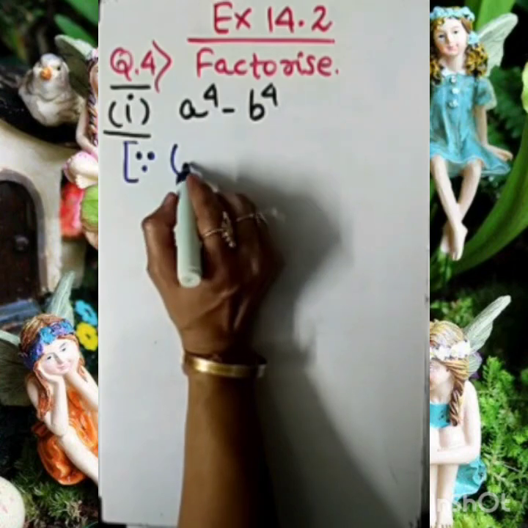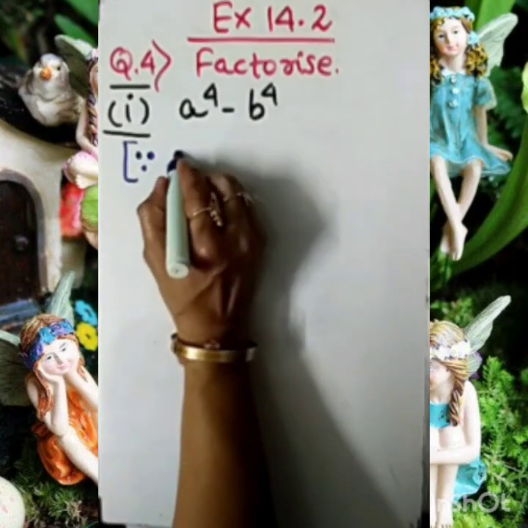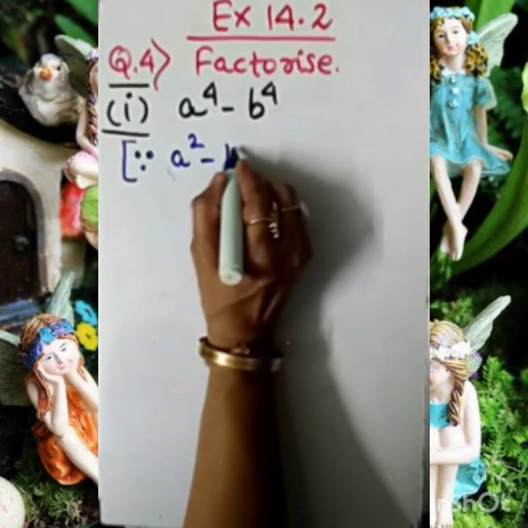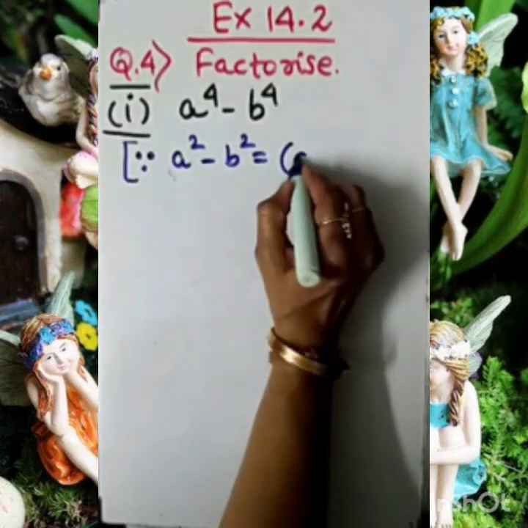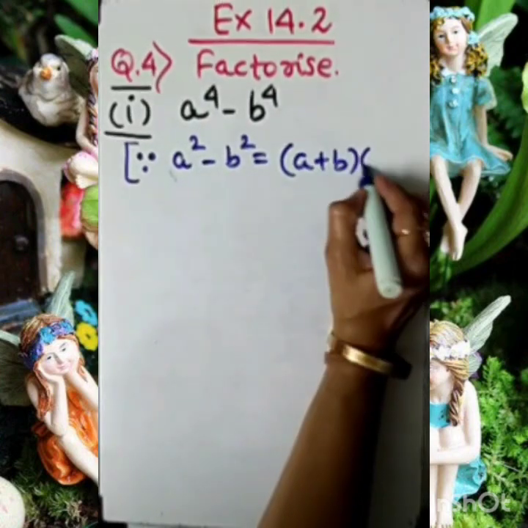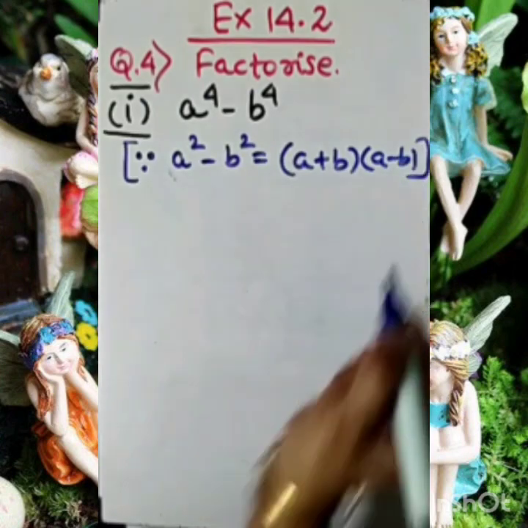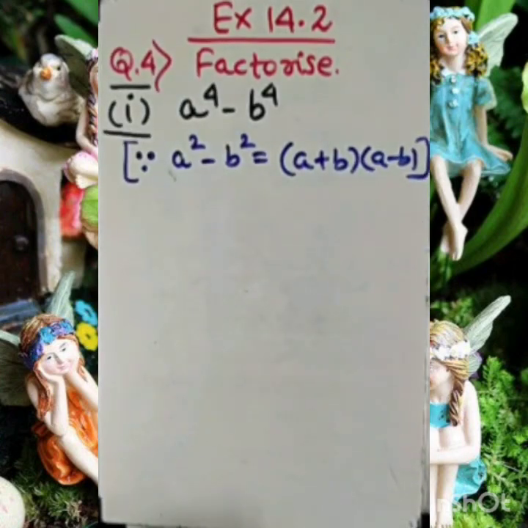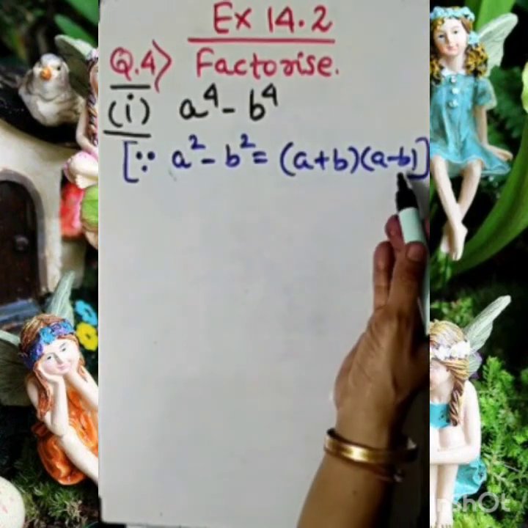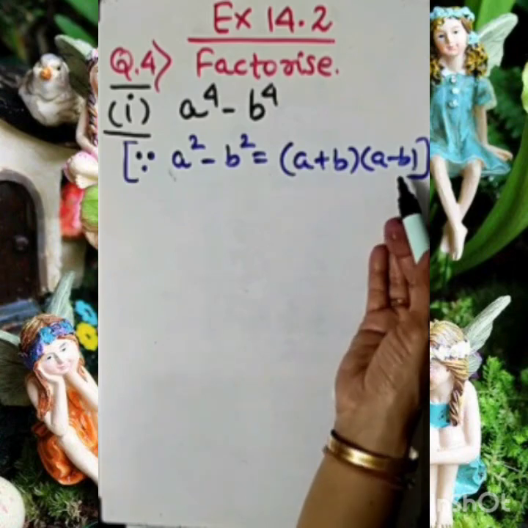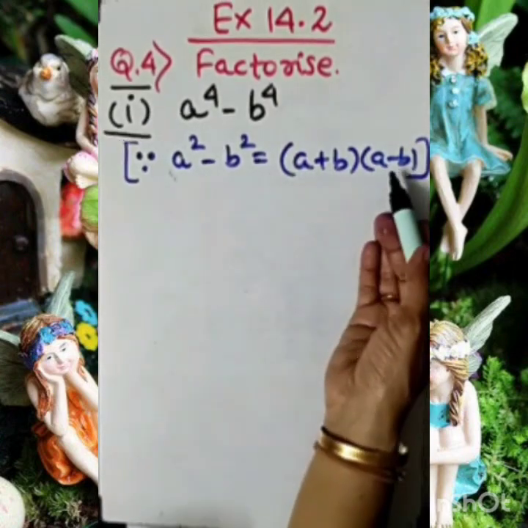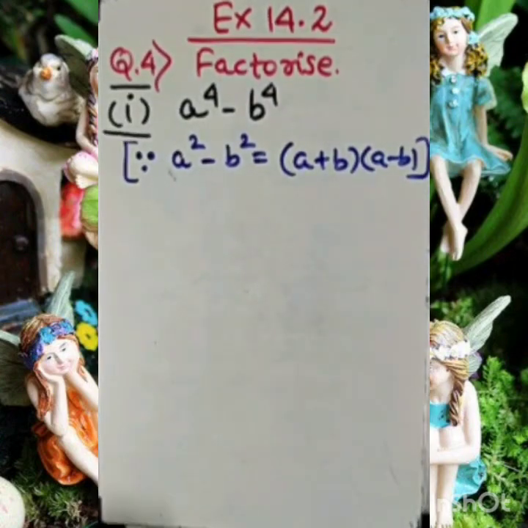It says a square minus b square equals a plus b and a minus b, one time plus, one time minus. It's not necessary that you write plus at the beginning and minus afterward. You are free to write minus first and plus after. No issue for that. This is our third identity.